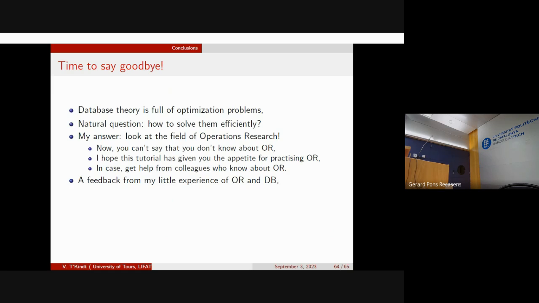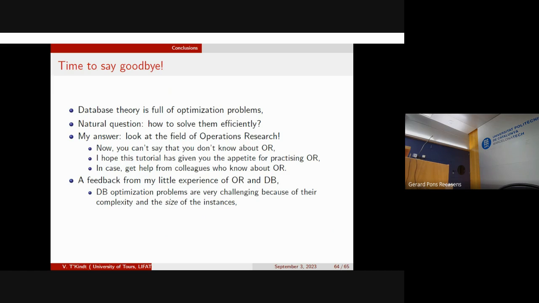But your database may have very particular features like equal values, a lot of equal values, or a lot of zeros. And these particularities make really different the way to solve the problem. I mean, if I want to solve a problem, whatever the values of the data, I'll do as I do in operations research. If I want to solve your problem, I have to take into account the particularities of your databases. And at the beginning, I didn't have that in mind. This has to be kept.